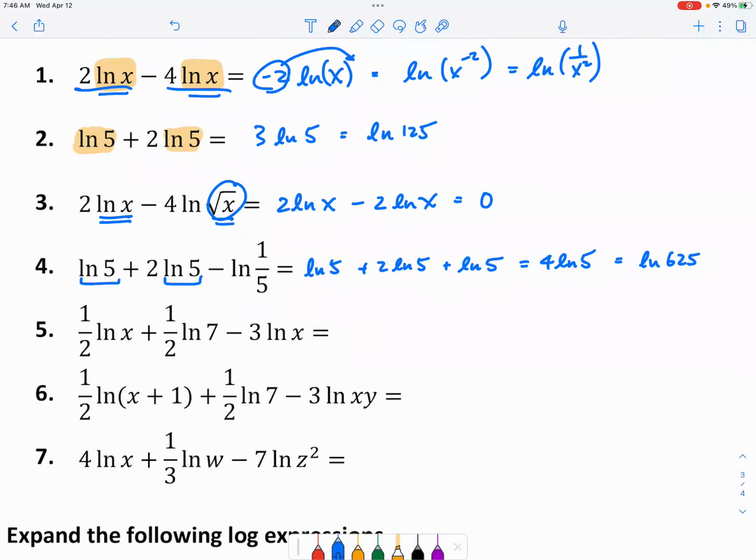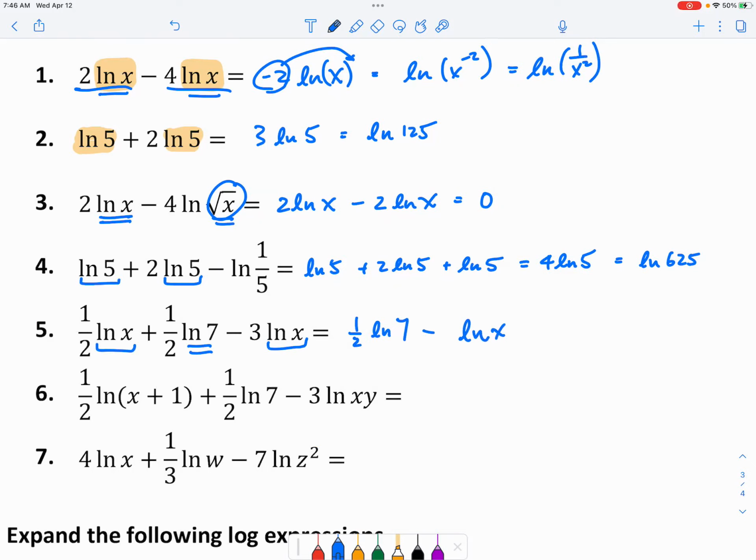Okay. And then the next one, you can see the natural log of x being the like terms here, so we can combine them. This is natural log of 7. Can't do anything about it, so just going to leave it there for the moment. After you combine the like terms with the natural log of x, how many natural log of x should you have remaining?